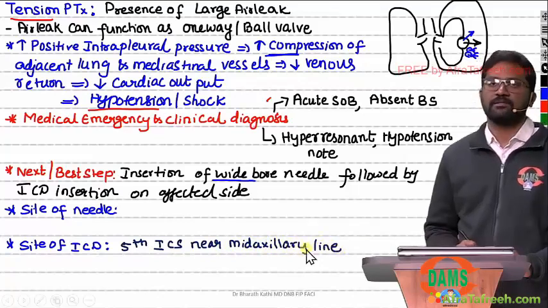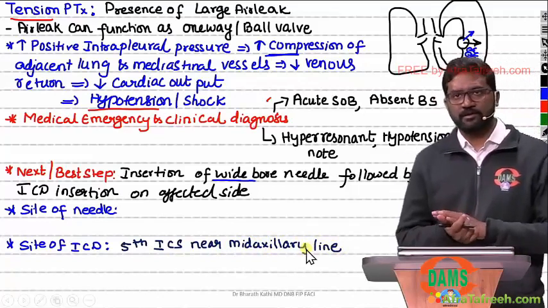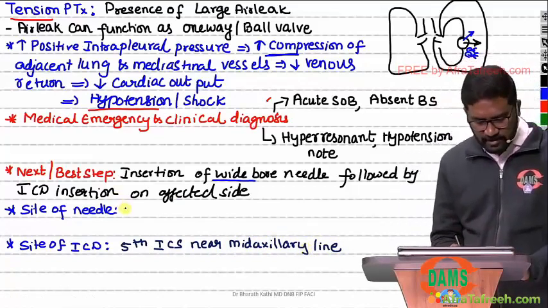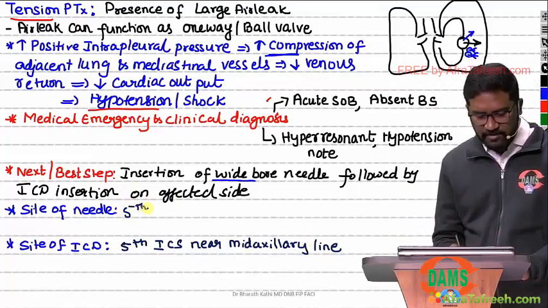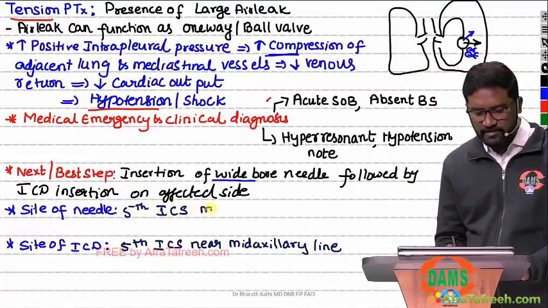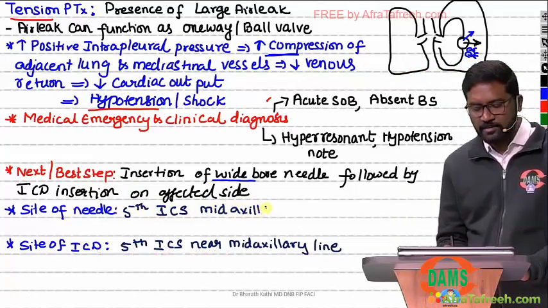For the needle, in the emergency department, to avoid confusion, nowadays whether it is needle or ICD, they have made it uniform: 5th intercostal space, mid-axillary line. But for the needle, there is also another option.